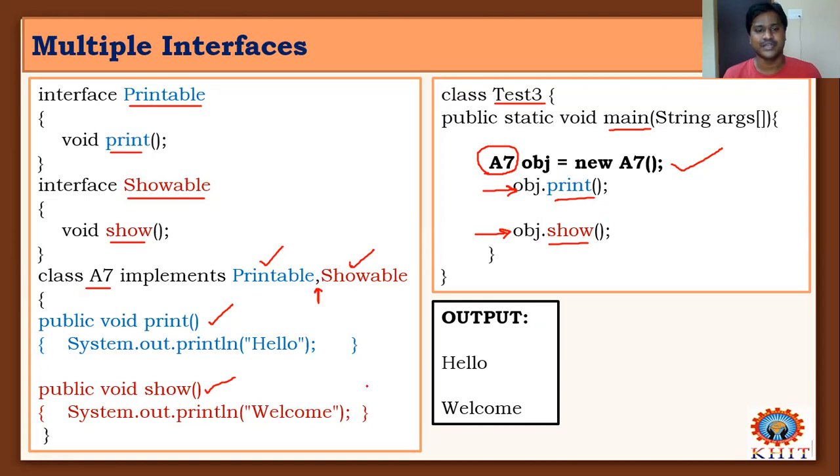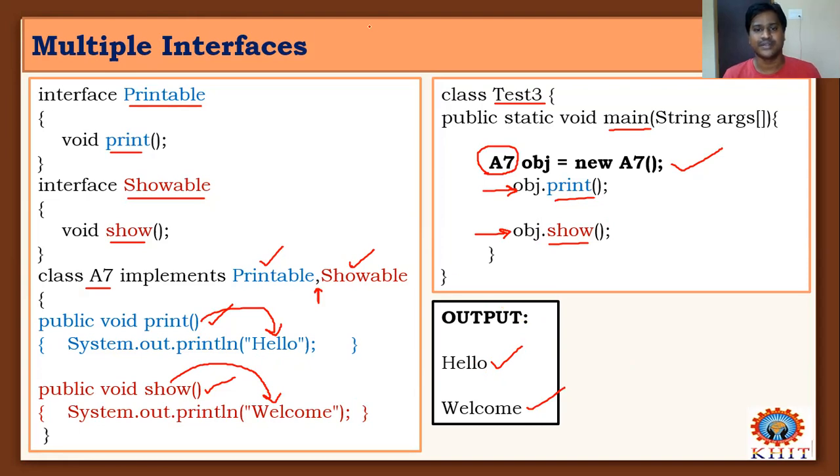It simply displays on the screen the print method saying hello and the show method saying welcome. Hello, welcome. Both statements are displayed on the screen like this. Got it? Understood? This is called multiple inheritance, or multiple interfaces, in our program. One class extending two interfaces' properties at a time.